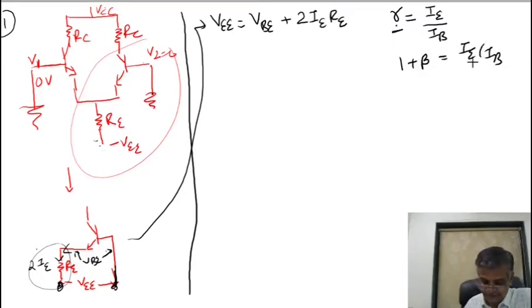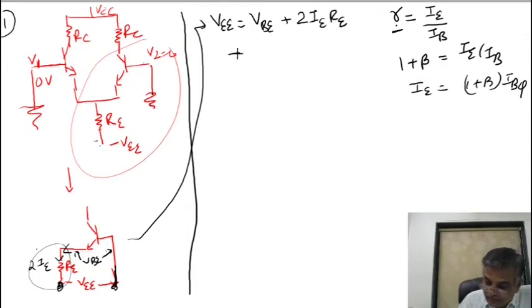Again, the current gain for the common collector is IE upon IB. What is the current gain for common collector? 1 plus beta, IE upon IB. So what can I write? Here I can write IE is equal to 1 plus beta into IB, in the quiescent condition.